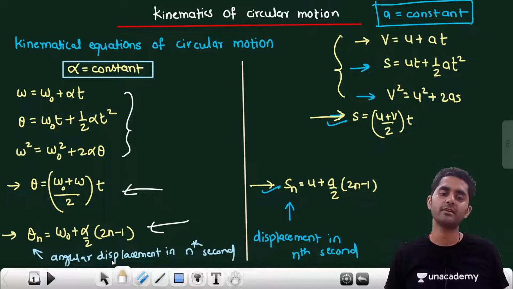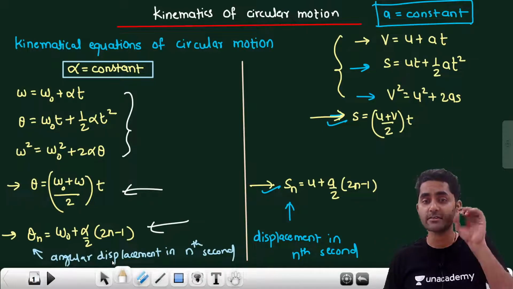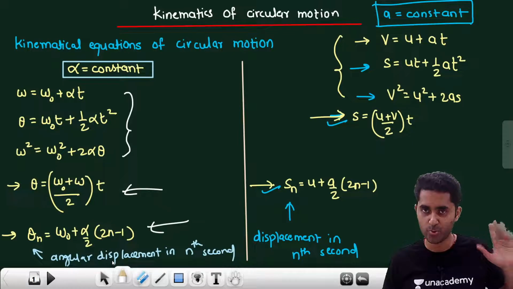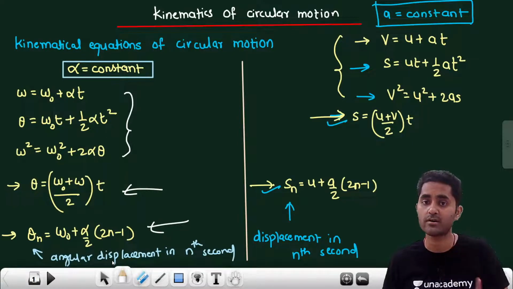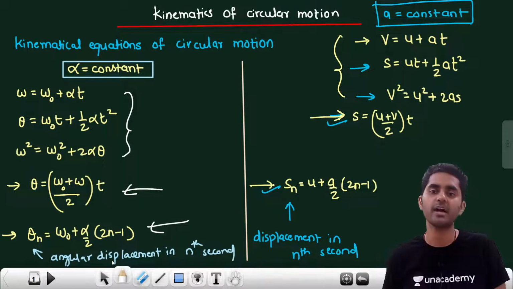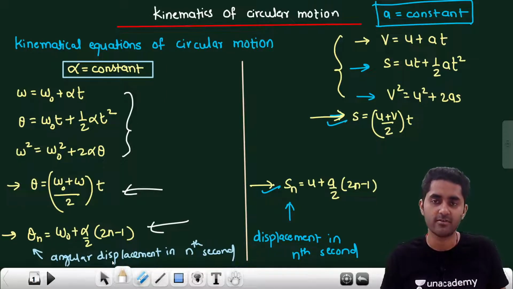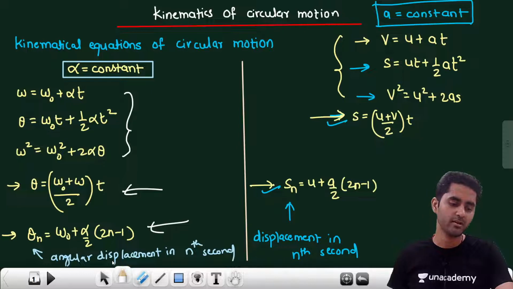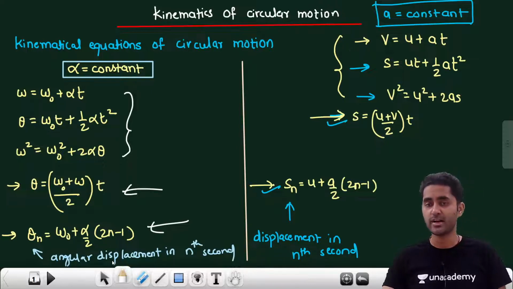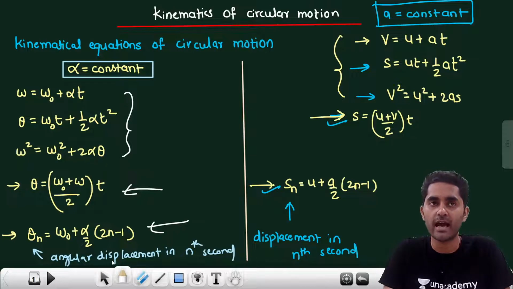But if they have given displacement in 5 seconds, you have to see what the words are. Very important. Sometimes English becomes very important in numericals, because if you don't understand what has been asked very well, you may make a mistake.